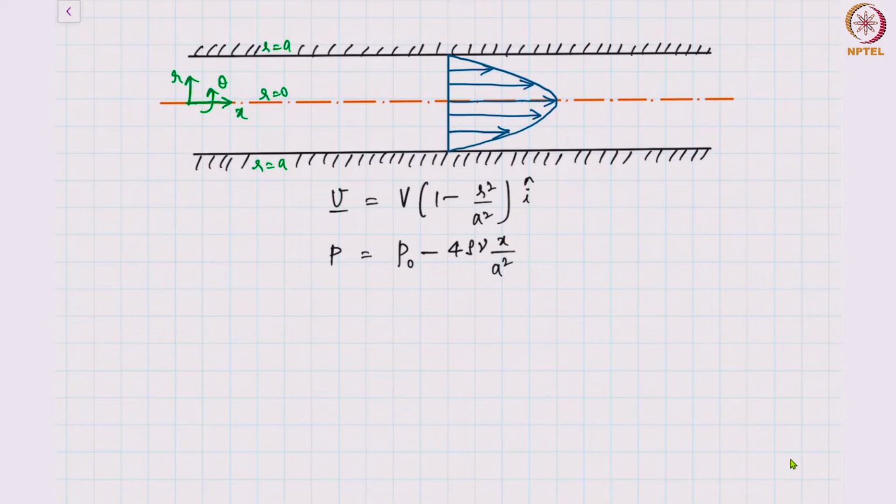So this is valid for 0 less than r less than or equal to a. I have 0 less than or equal to theta less than 2 pi. What about x? Now once it has reached a fully developed flow, it does not change anymore.